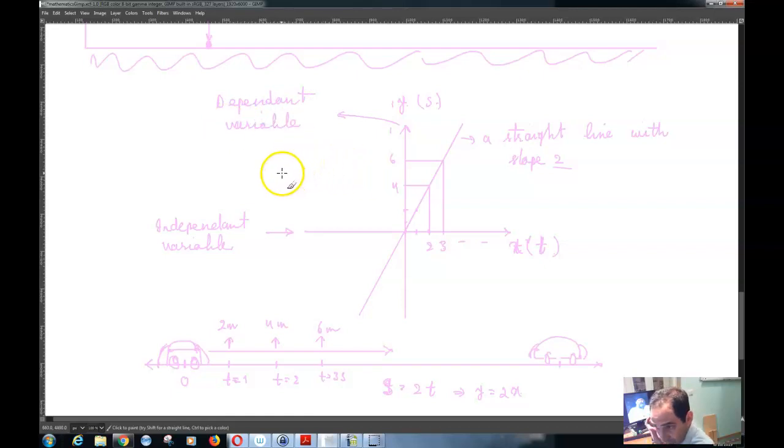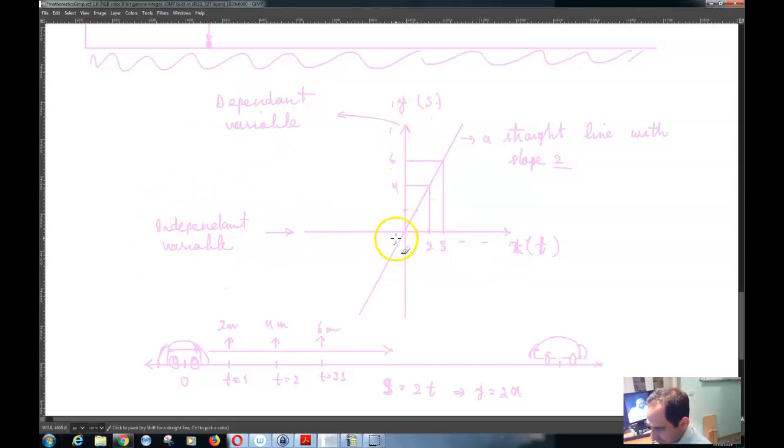What that means is that your dependent variable, which is the distance covered by the car, is dependent upon time. The more time that you have, the more distance you will cover. So distance is dependent upon time. Distance is the dependent variable, and time is the independent variable.